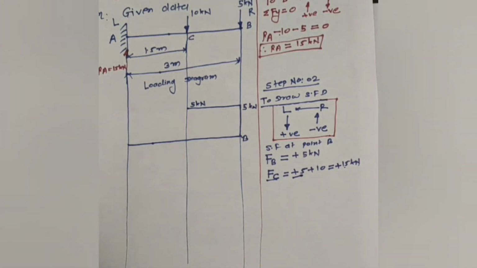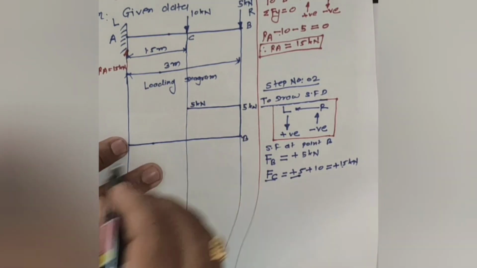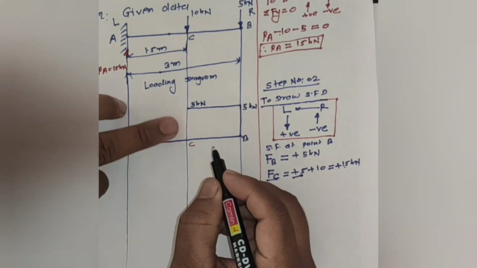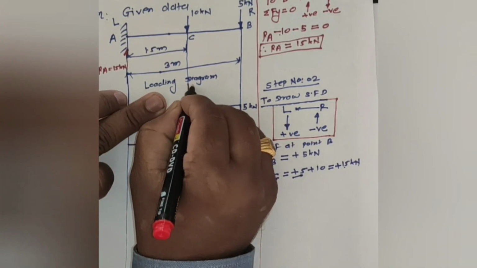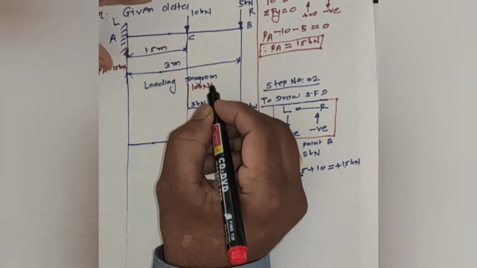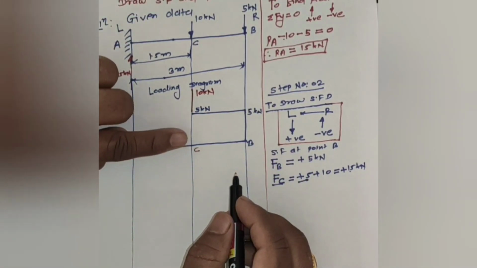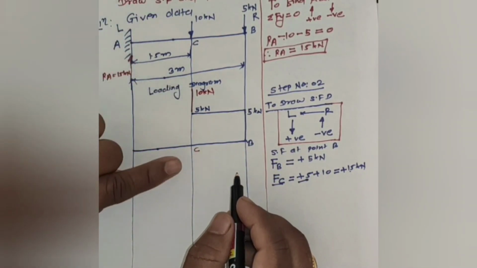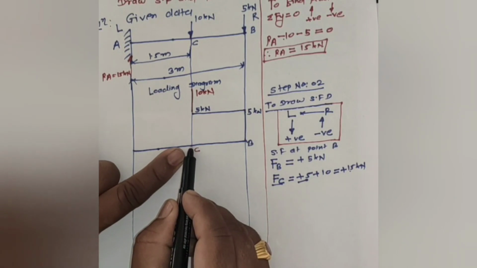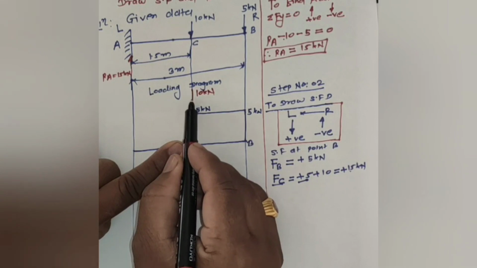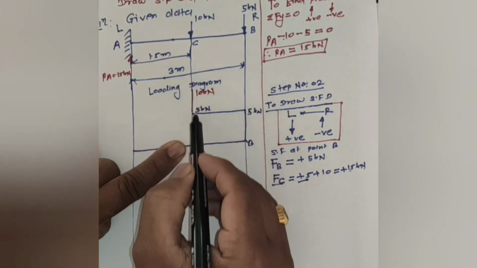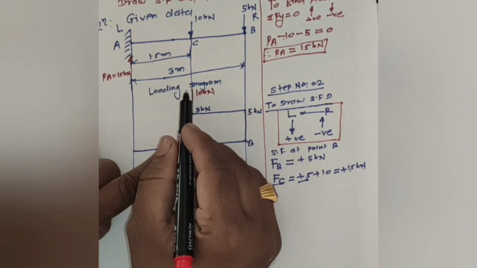Means again you have to draw the shear force diagram at point C. This is 5. Again consider this is the 10 kilonewton. Why are we going upward? Because this is 0, 1, 2, 3, 4, 5, 6, 7, 8, 9, 10. On that line you have to draw the lines.